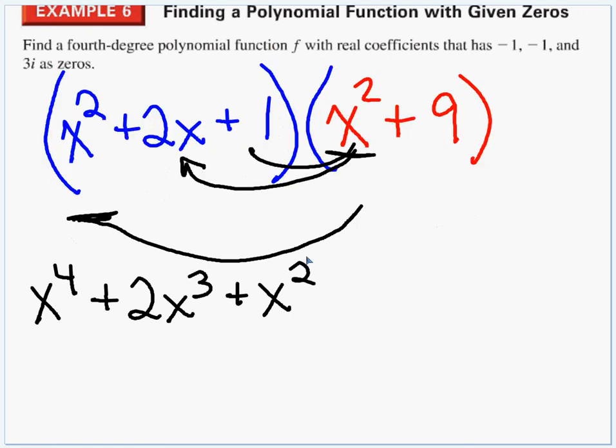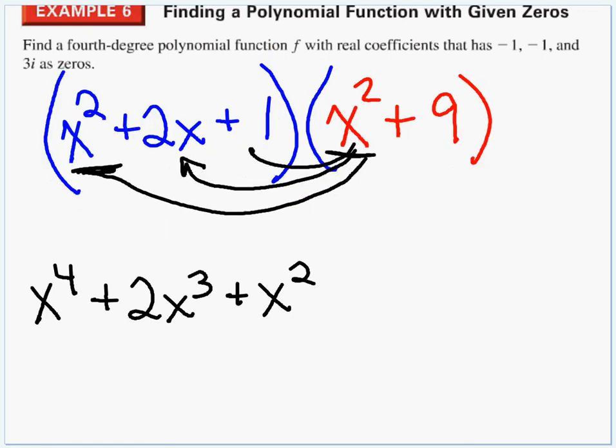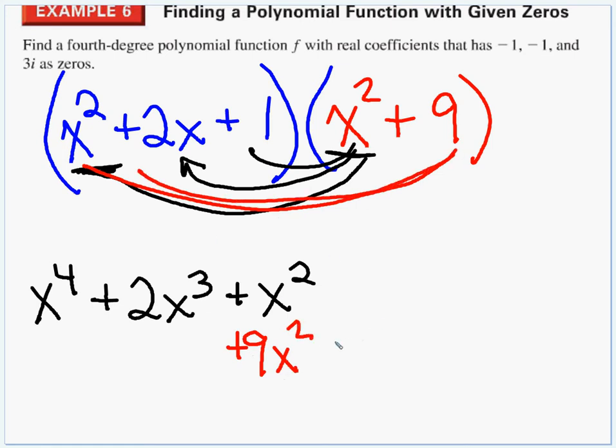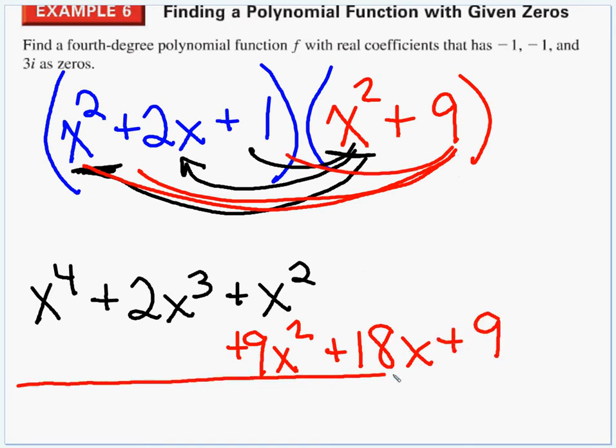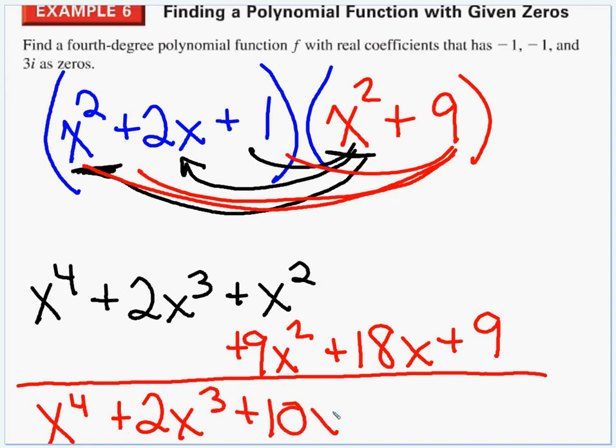And now we'll distribute that 9. 9 times x squared is 9x squared. I'll write it right under this one. 9 times 2x is 18x. That gets its own column. 9 times 1 is 9. Now if we add these columns up, x to the 4th plus 2x cubed plus 10x squared plus 18x plus 9.